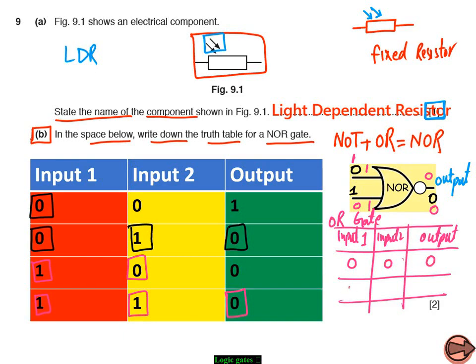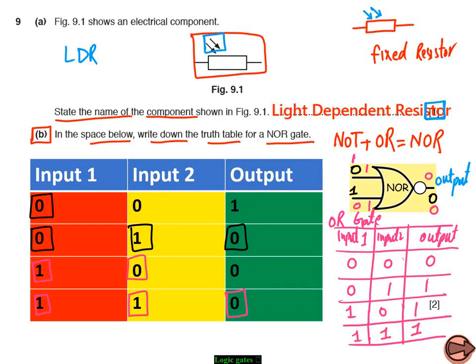Next one, if one input is 0 and another input is 1, the output has to be 1. If one input is 1 and the other input is 0, the output for the OR gate has to be 1. And the last one, if one input is 1 and the other input is also 1, the output has to be 1.